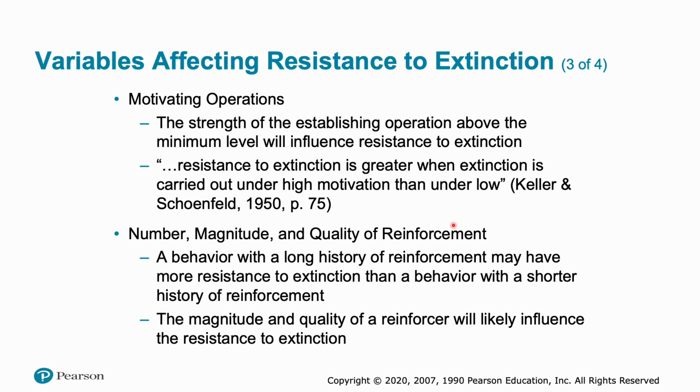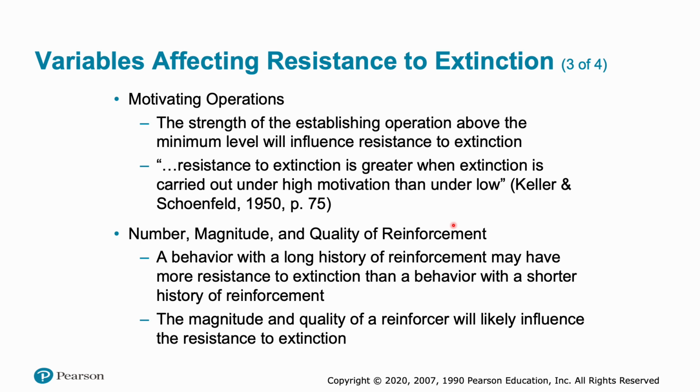If they have consistently engaged in the same behavior for years, and they have been contacting that reinforcer for years, it's going to take a lot longer to extinguish a behavior than for someone that just began engaging in a behavior a week ago, and they don't have a long history of reinforcement with that behavior.